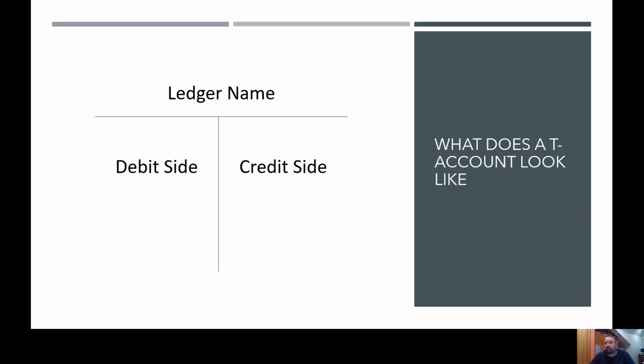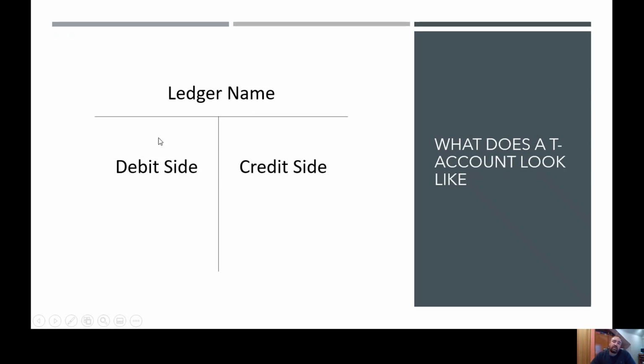You need to be very clear on who the client is whose ledger it is. And then also you've got to be clear on whether an account relates to trust or to business. A lot of you guys will just write the name client A, but then if you don't specify whether it's his business ledger or his trust ledger, no marks can be allocated. So the name is very important, that you write a complete and comprehensive name for the T account.